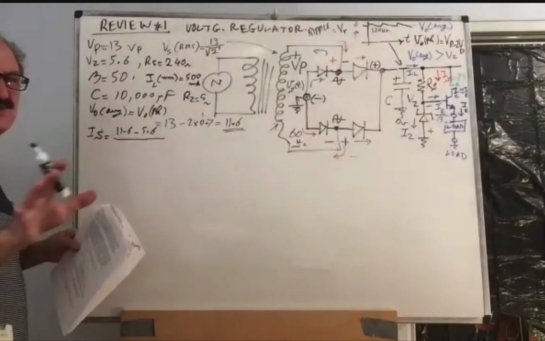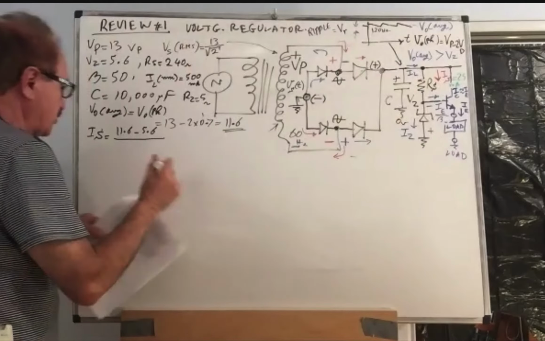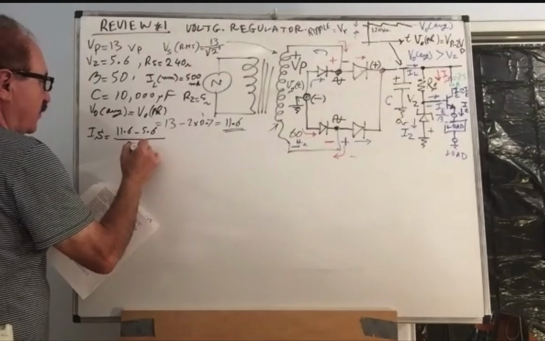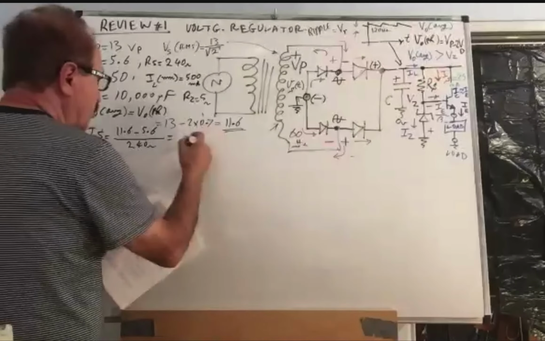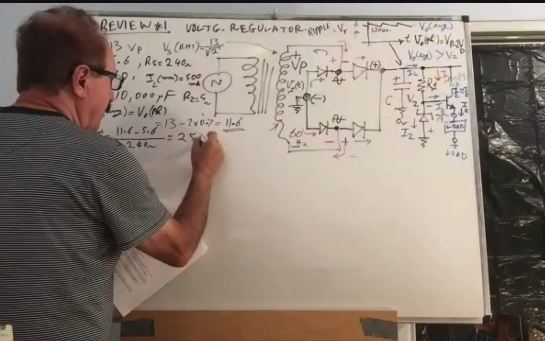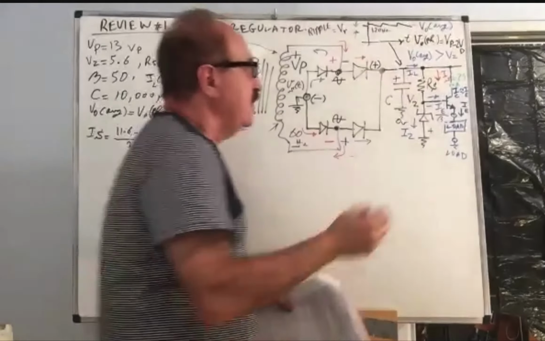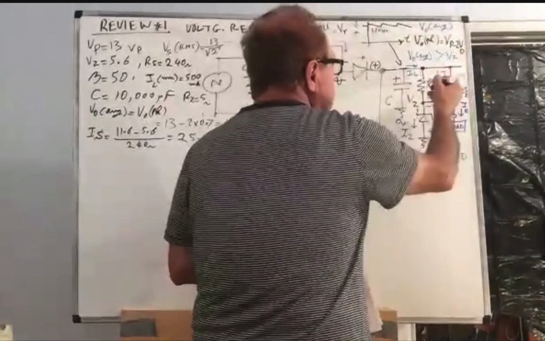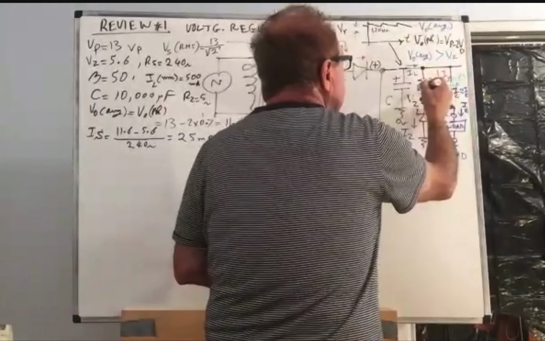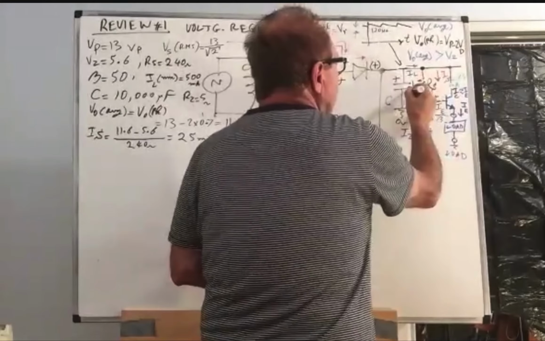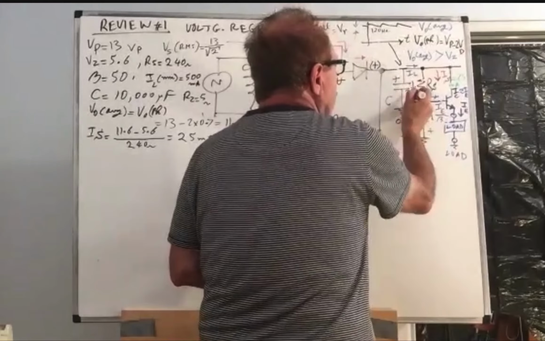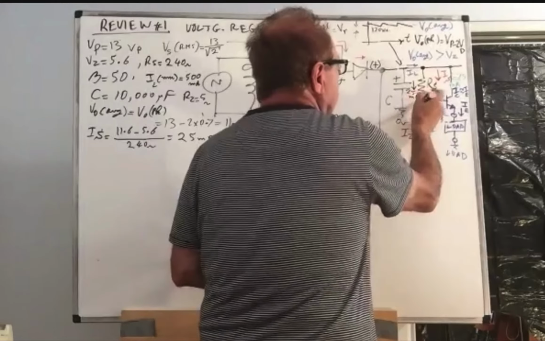It's going to stay in the vicinity of 5.6, divided by 240 ohm. So this is like 25 milliamp. So we are biasing, basically, 25 milliamp in that path.